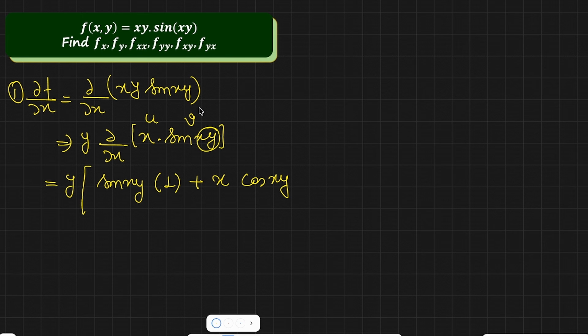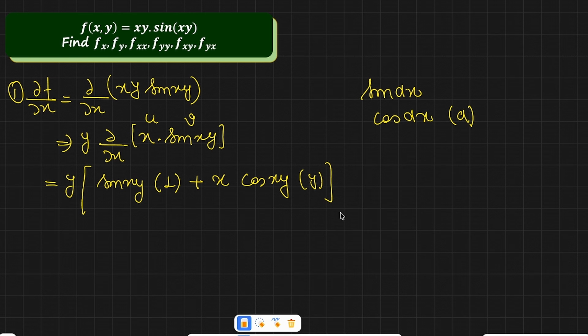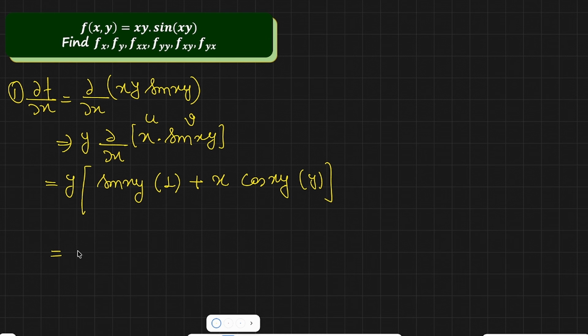You know that the derivative of sine ax is cos ax into a. So y is constant and comes outside. This is the general simple thing. Then the solution will be y sine of xy plus x y square cos of xy. This is the partial derivative with respect to x.